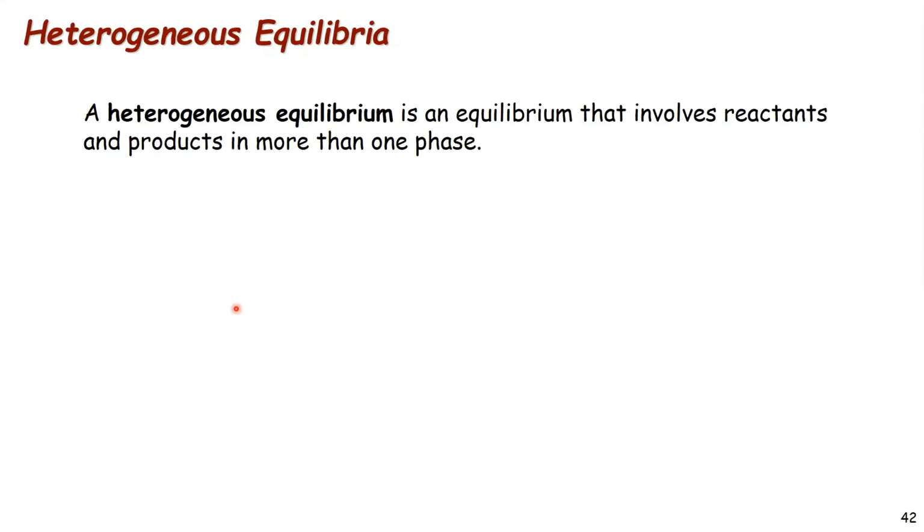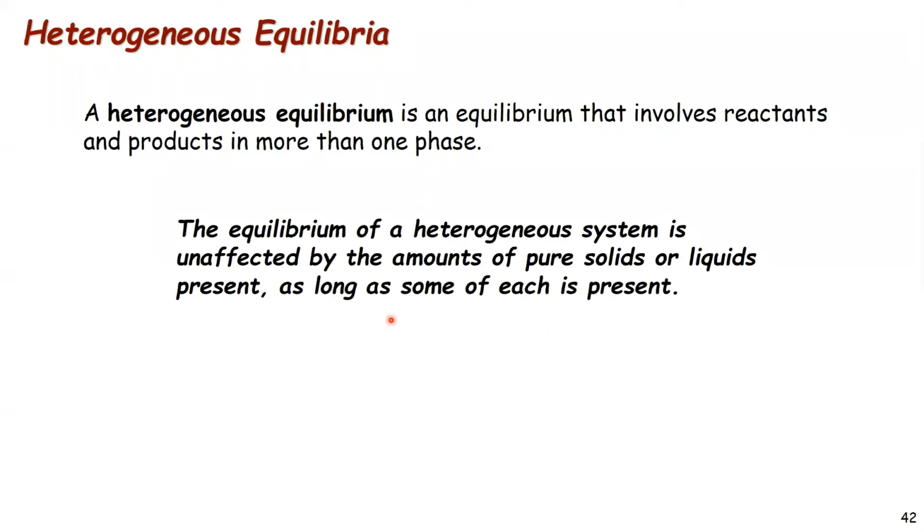Okay, now let's talk about heterogeneous equilibria. So again, we have things that are in more than one phase. The equilibrium of a heterogeneous system is unaffected by the amounts of pure solids and pure liquids, as long as some of them are present. Now, the reason being is that if it's a pure solid or pure liquid, there's so much of them compared to what would be in the gas phase.